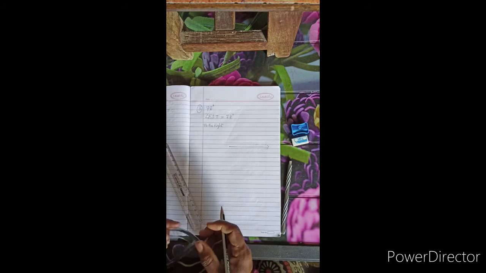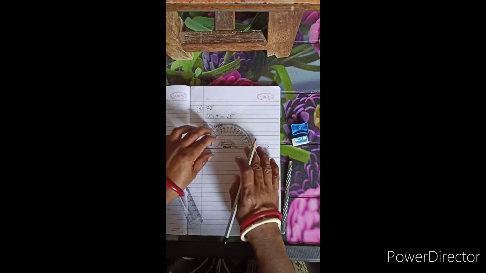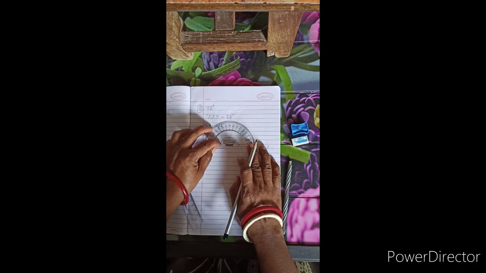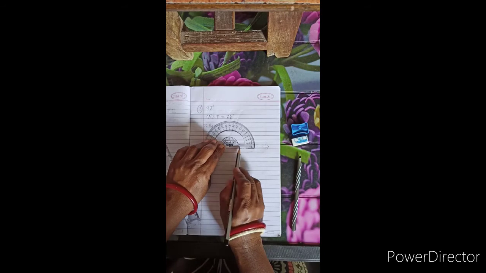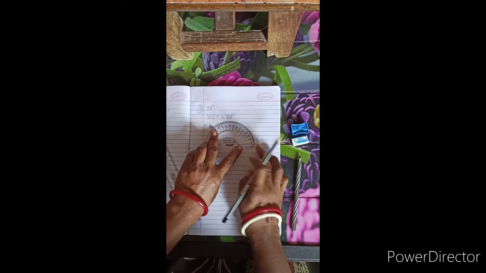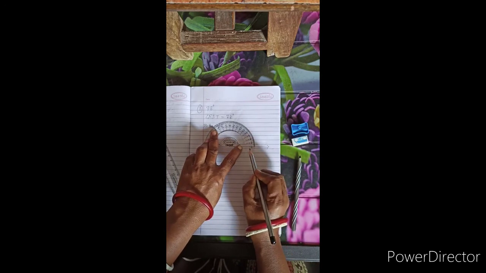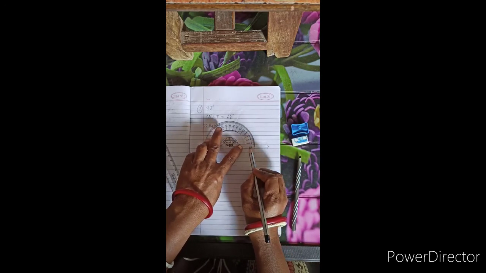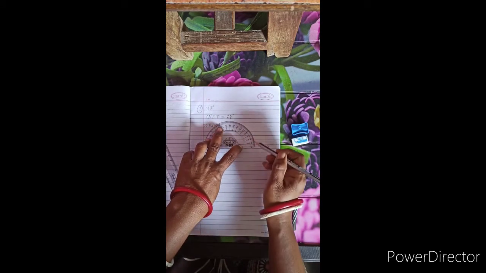Take the protractor. As you know, I have to keep this point on the point here. Then see that this black line of the protractor coincides or overlaps with the pencil line. Now take this 0 degree, and you have to put a point at 78 degree.